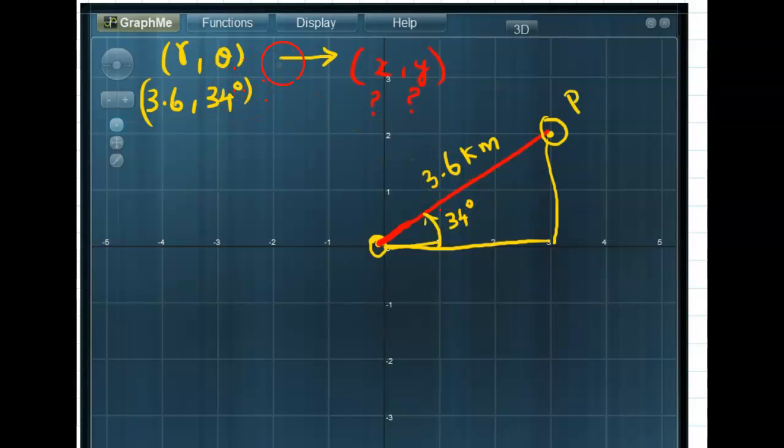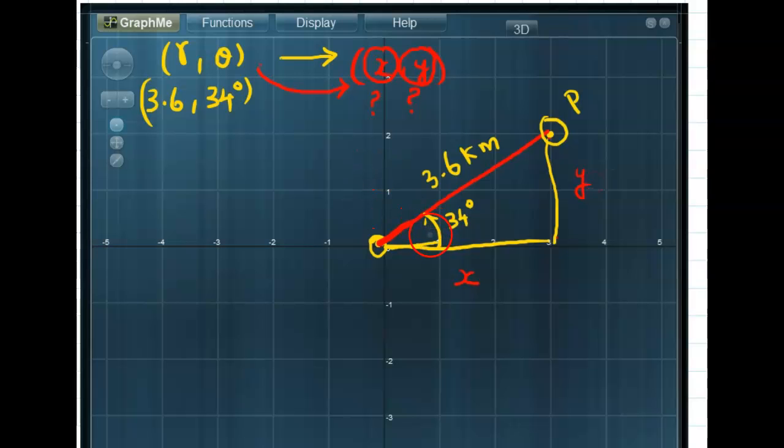Now we are going to convert polar coordinate to Cartesian coordinate. I'm going to find the coordinate x and the coordinate y. So the coordinate x, that is the horizontal line, and here this line, the vertical line, is y.